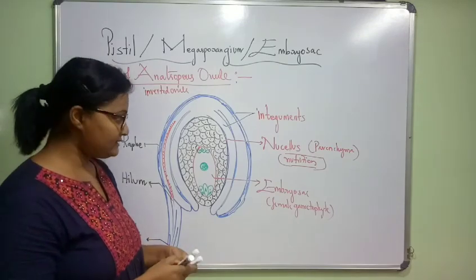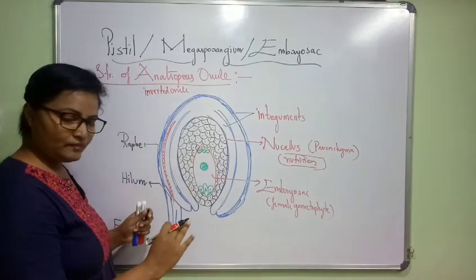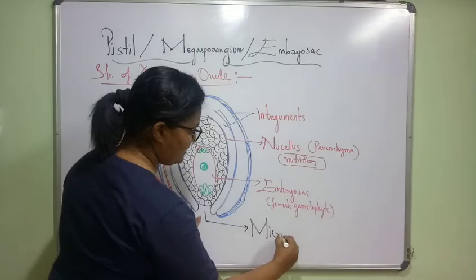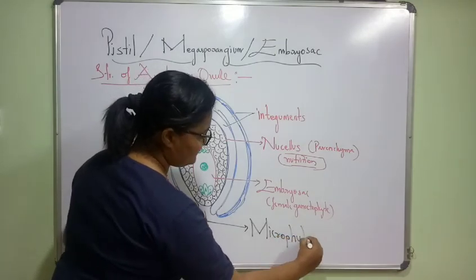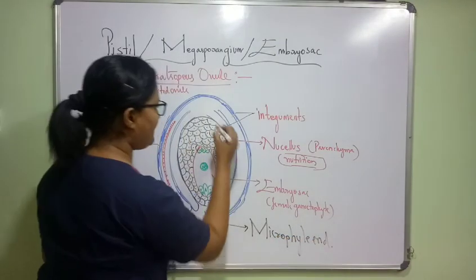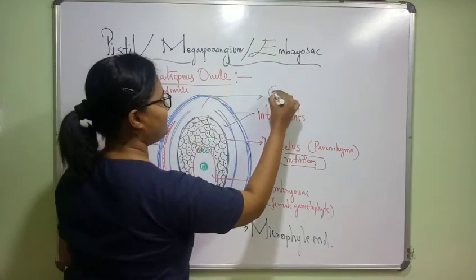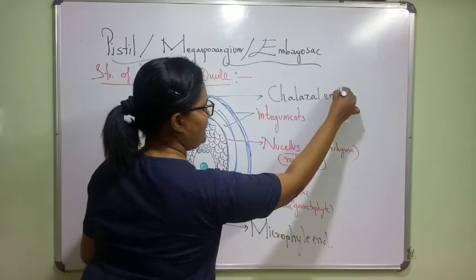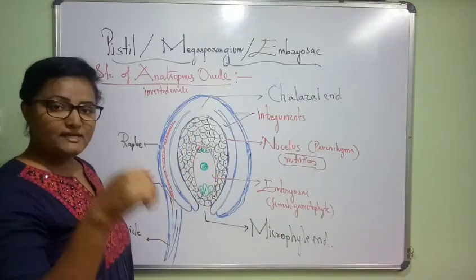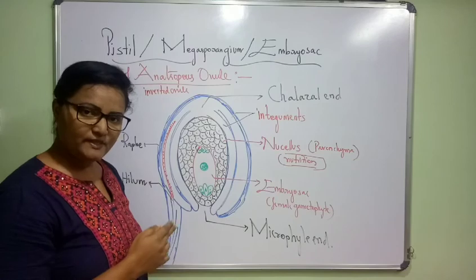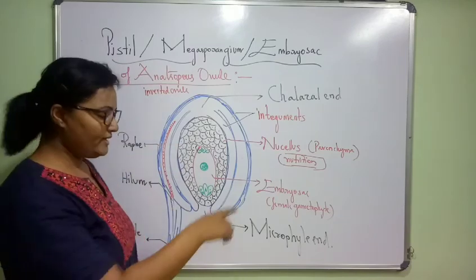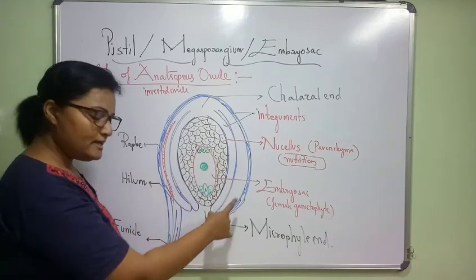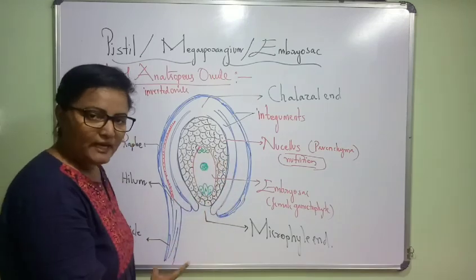One more thing, as I said, there are two ends. The above end is called the micropyle end, and the opposite end we call the chalazal end. And remember, whenever there is pollen germination, the pollen tube enters the embryo sac to fuse with the egg from the micropyle end itself.